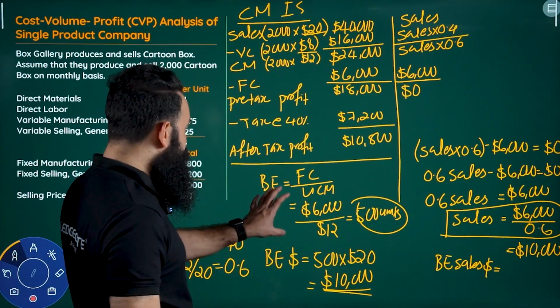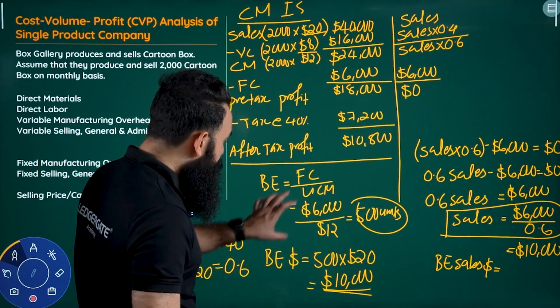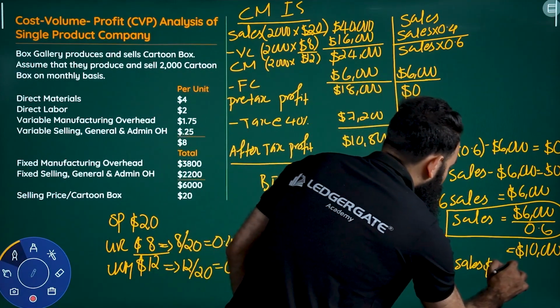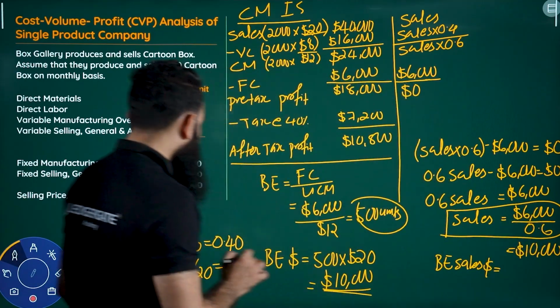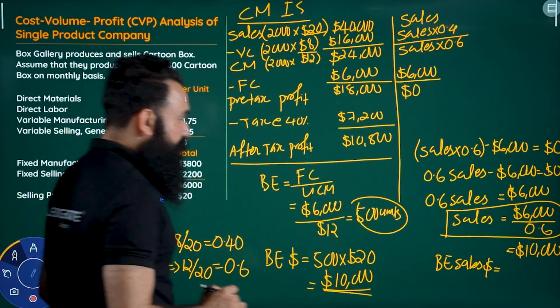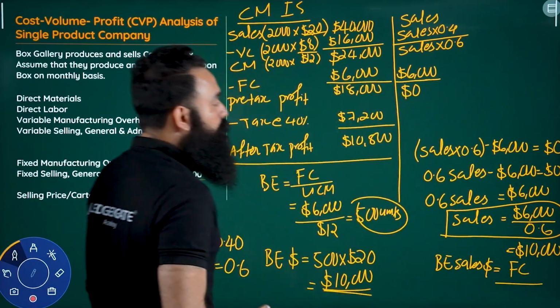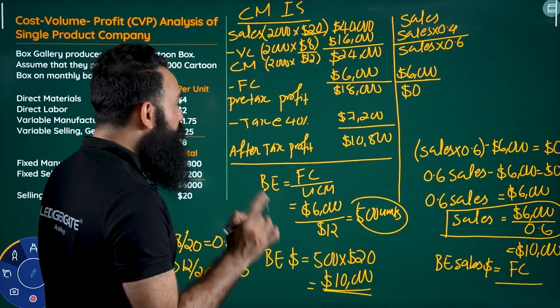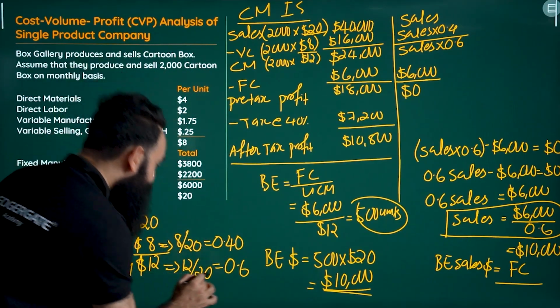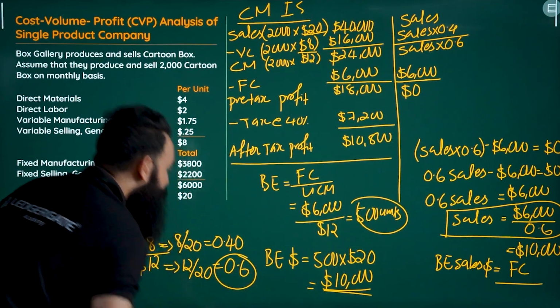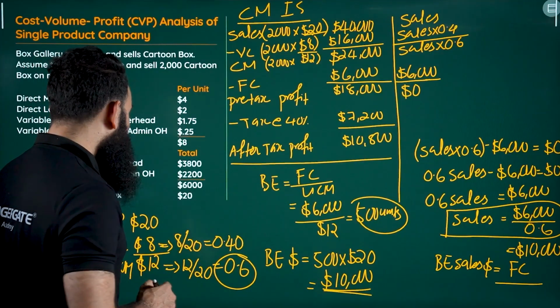Values, this is units and this is values, right? So this is our fixed cost, right? 6,000 is our fixed cost. And what about 0.6? 0.6, we know one thing. Do you remember this? What do we call that?